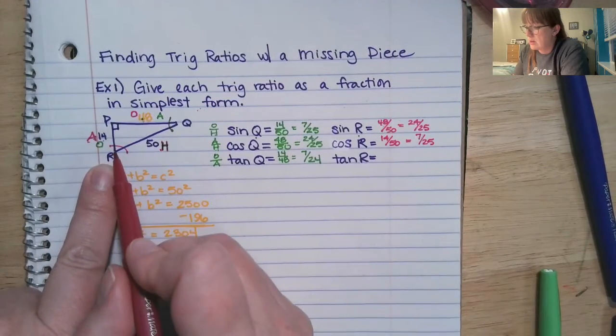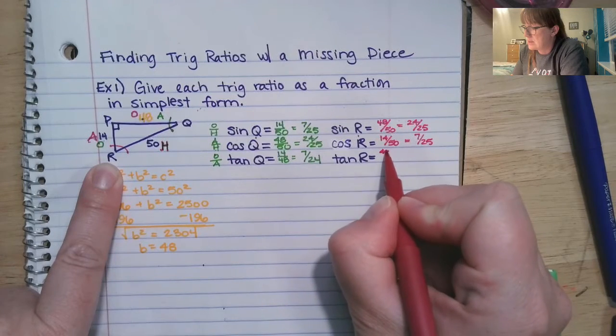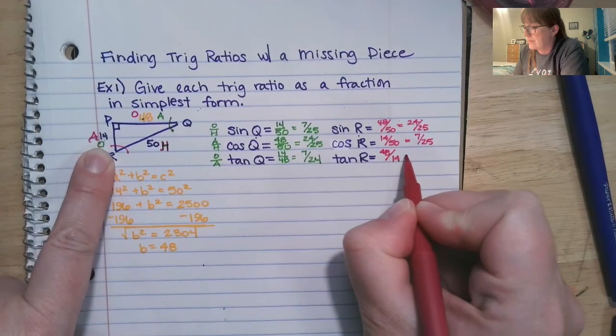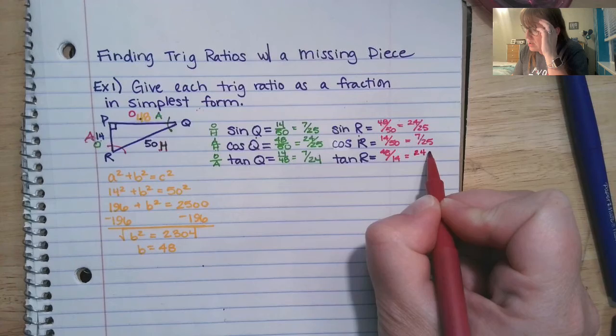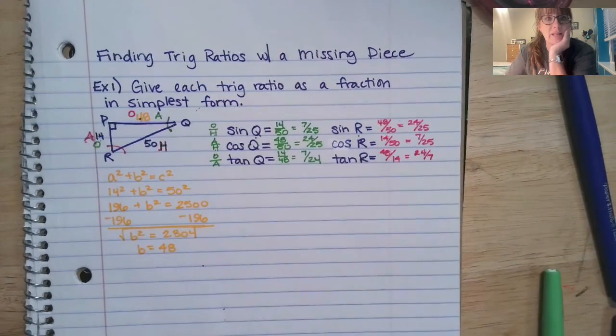Tangent of R, opposite over adjacent, 48 over 14, and we get 24/7. And that is how you do those problems.